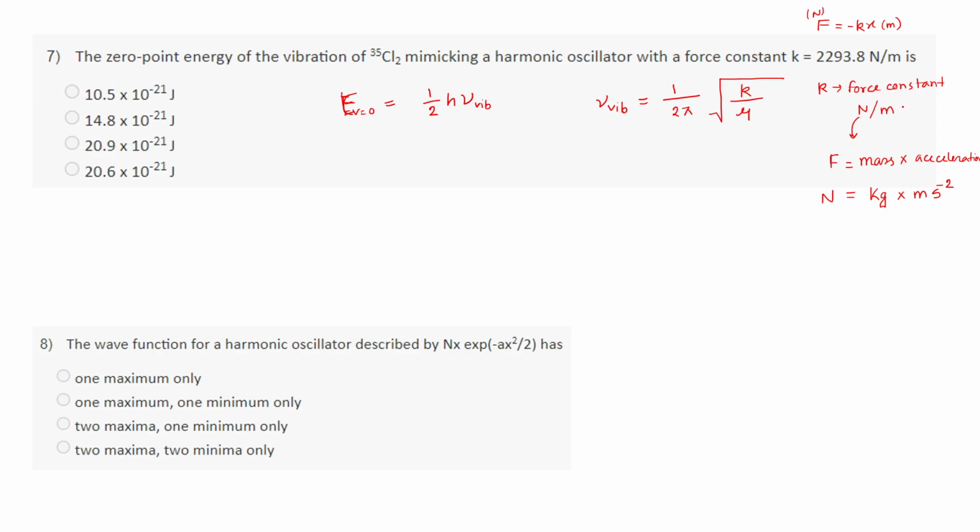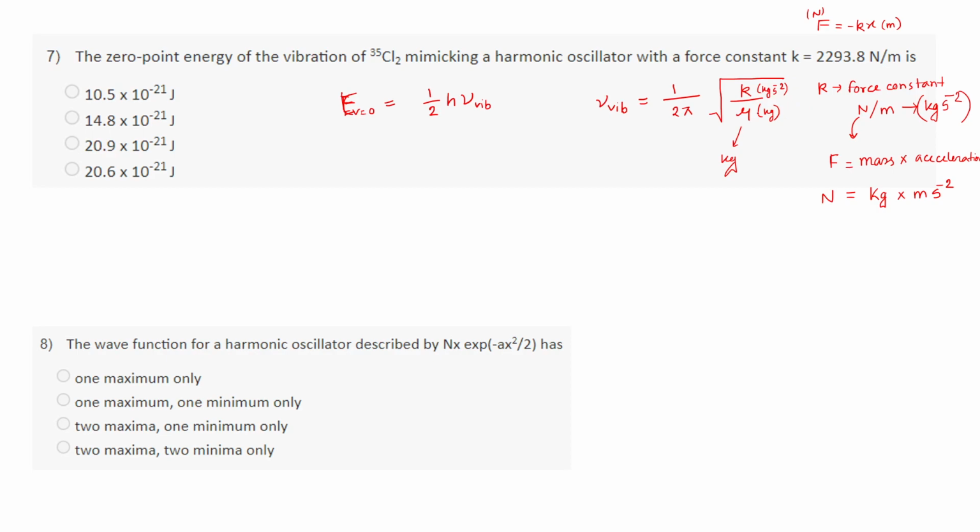So the force constant is actually kg, meter gone, second minus 2 is there. You understand what I am trying to do? Your mu should be in kg, in SI unit, so k by mu is in second minus 2 under the root, and eventually it comes out as second minus 1, that is hertz, right?